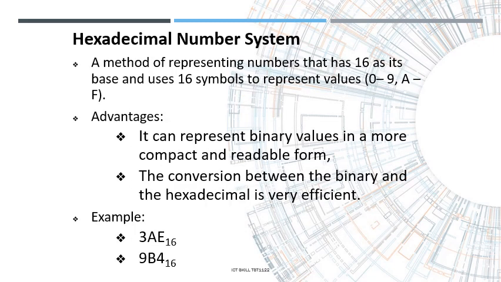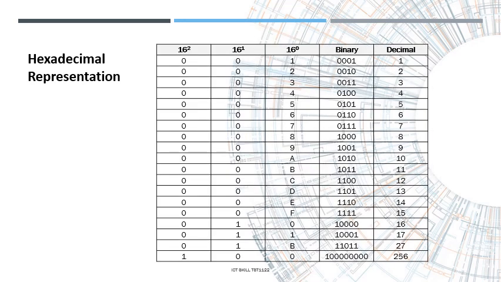So that is the meaning of binary representation. For the hexadecimal, which is 0 to 9 and A to F, for example, like 3AE base 16. So this is an example, base 16. For base 16, it must be 16 raised to power 0, 16 raised to power 1, 16 raised to power 2.